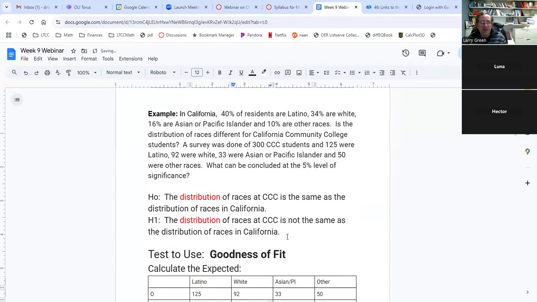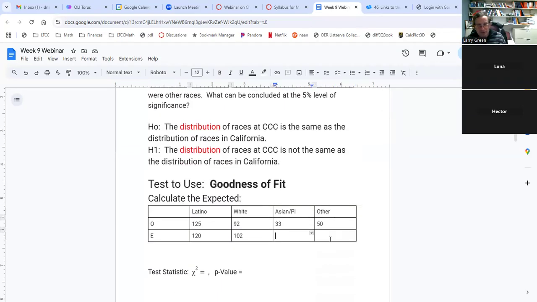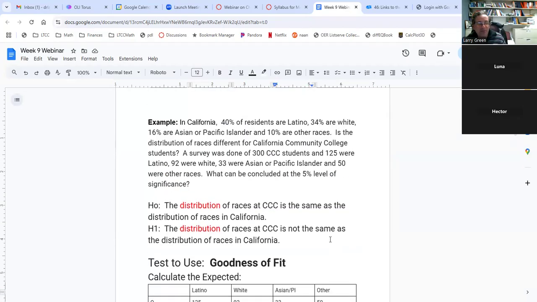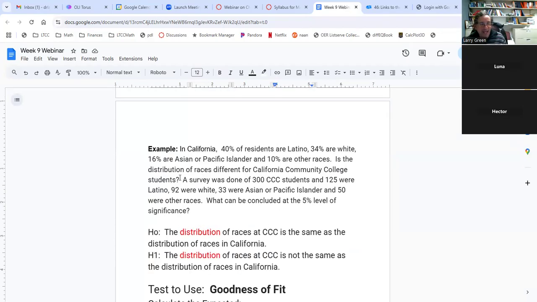And then we do Asian Pacific Islanders, and 16% are Asian Pacific Islanders. 16% of 300: 16 times 3 is 48. So 48. The good thing about a percent of something like 100, the percent and 100 kind of go away, and it's just that number times whatever the something is. And we had 10% are other races. 10% of 300 is 30.